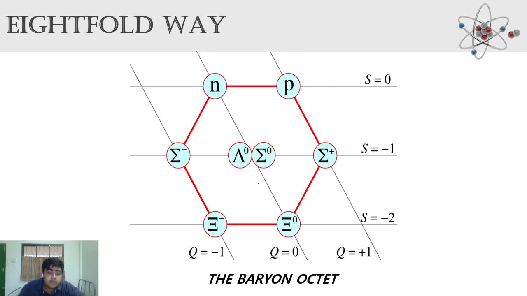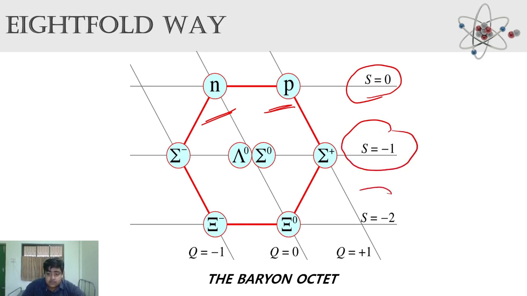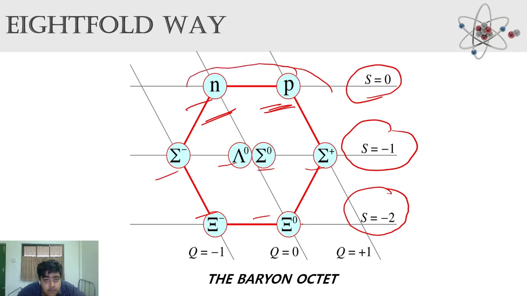All of these are different particles which came as a result of the particle zoo. Now this is the neutron, this is the proton. Now S stands for strangeness. Since we described that each of the particles have the same spin, all of them have the same spin. But neutron and proton have the strangeness of 0, strangeness number 0.